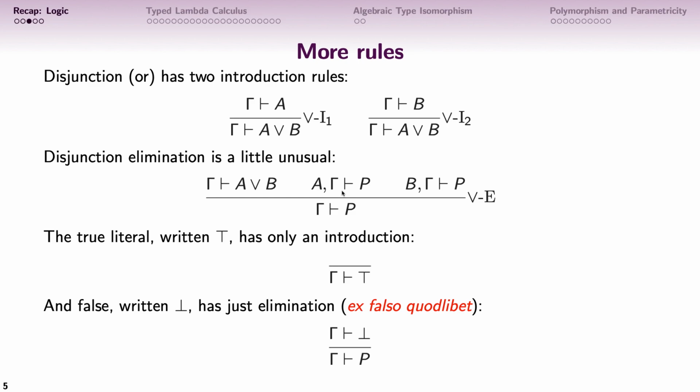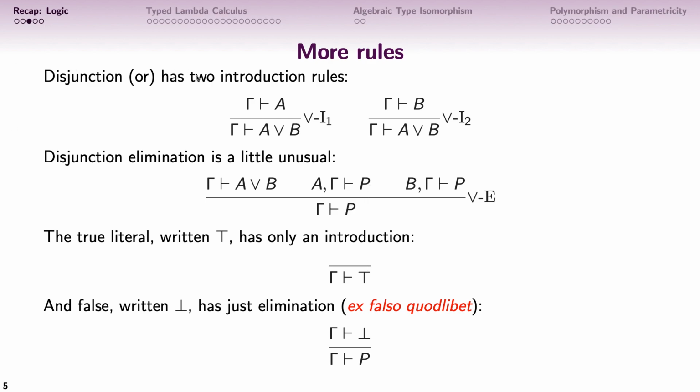So I can conclude, if I know A or B, and I can prove that A entails P, and B also entails P, then no matter which of the two it is, I can conclude P is true. And that's how we do elimination for disjunction. We have this extra assumption P here, and this P could just be anything.